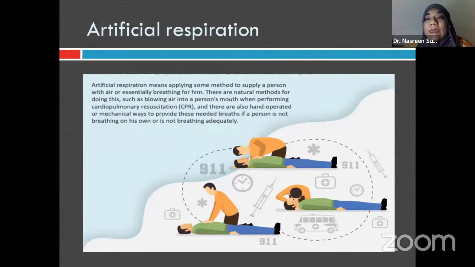That is called as mechanical type of artificial respiration. Okay, got my point? So natural methods means by giving cardiopulmonary resuscitation and by blowing person's mouth, and mechanical ways means by giving this ventilator. So we are supplying some extra air to a person, which is essential for his breathing. Okay, artificial air you are providing to a person.